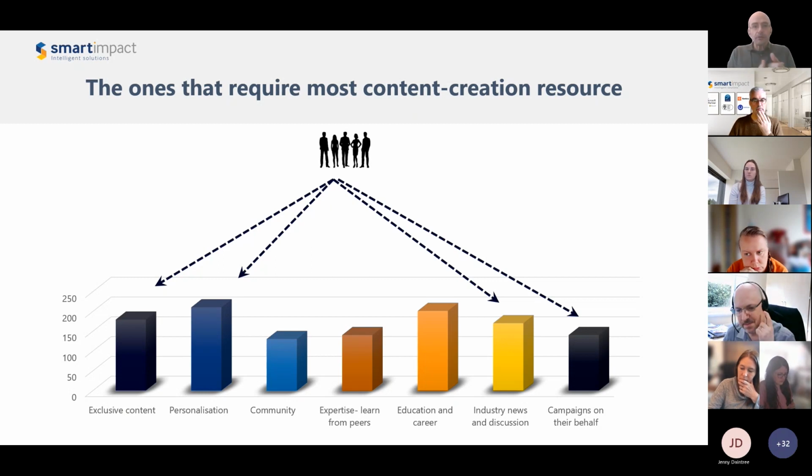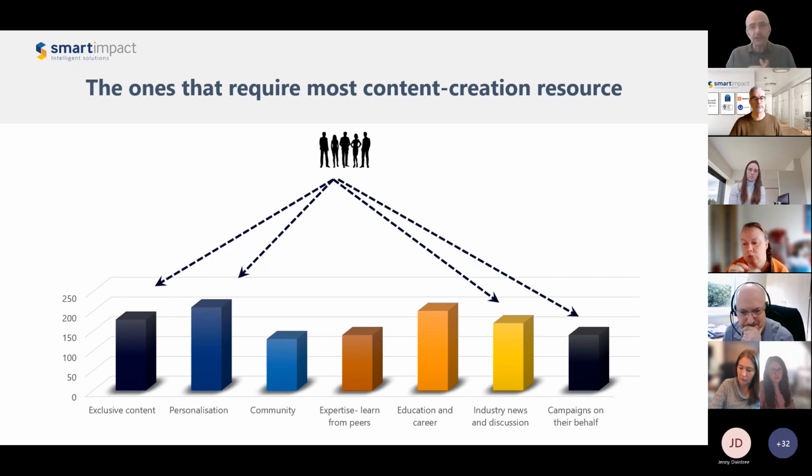So in terms of the areas of the website that members value, that require the most content creation resource, it's the areas here that are highlighted. So things that are particular to members, even if you have teasers that are available to the general public, the personalization of, if you're in the north of England and you do this in your professional life, you might be interested in this particular event that is relevant to that.